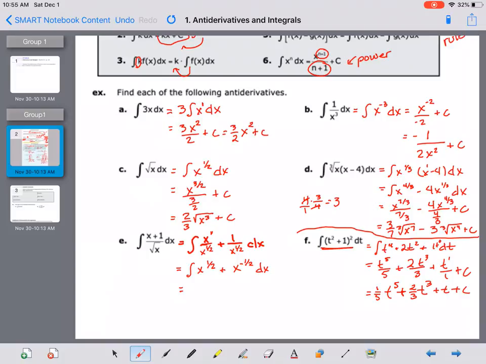So when I do that and add 1, so x to the 1/2, 1/2 plus 1 will give us 3/2. Divide by that new exponent, plus x to the negative 1/2, when I add 1, I get a positive 1/2, divided by 1/2 exponent, and not dx, plus c.